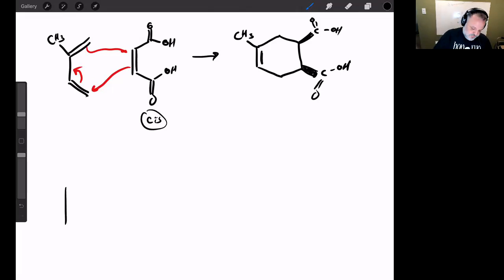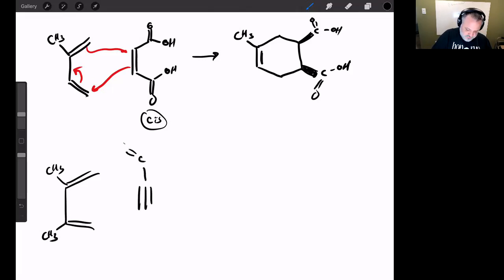One last example. Let's go ahead and add CH3 here. Let's add a CH3 there. Let's do a triple bond where we have an ester group here.